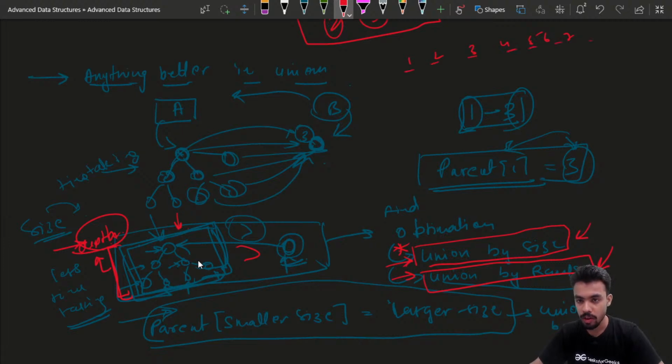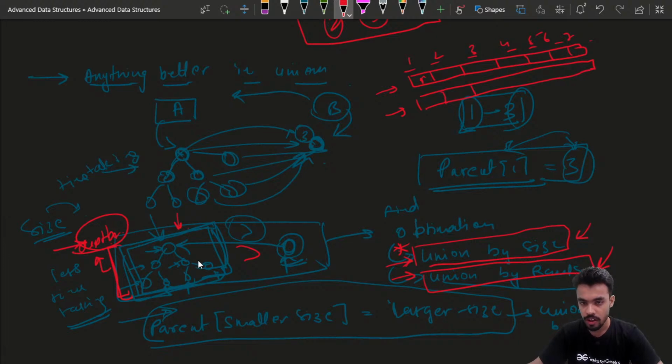First you make an array for the parent, to store the parent of each person, and then you make another array to store the size of the group. Initially the size value of each of them is 1, because they are independent single entities.